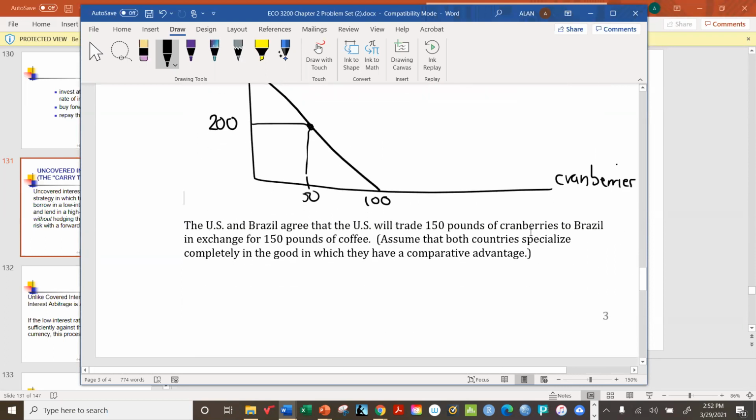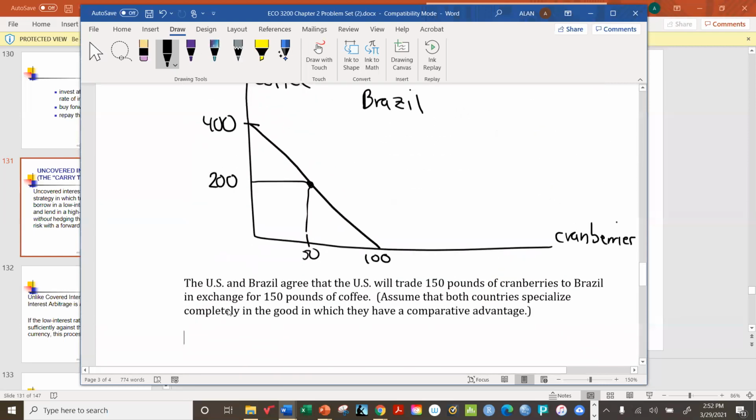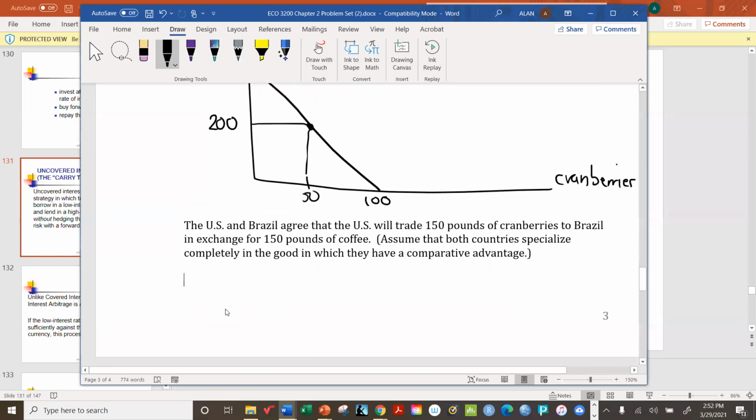Now, in this next section, we're assuming that the two countries will specialize in and then trade 150 pounds of cranberries to Brazil in exchange for 150 pounds of coffee. All right, so this one's a little bit more complicated because we have to take into account how much each country is making as they specialize.